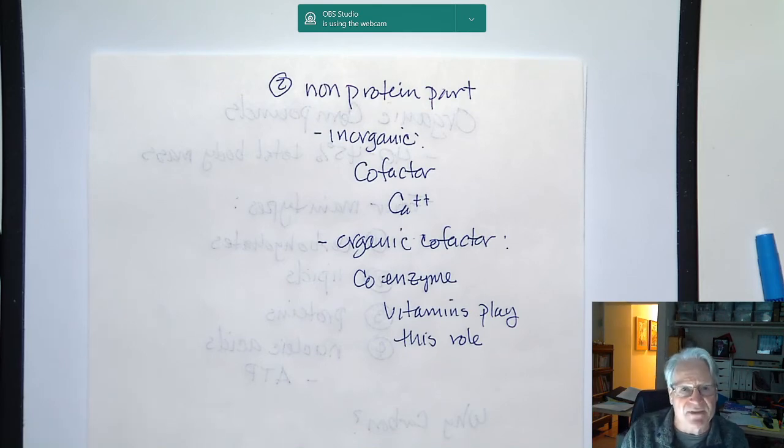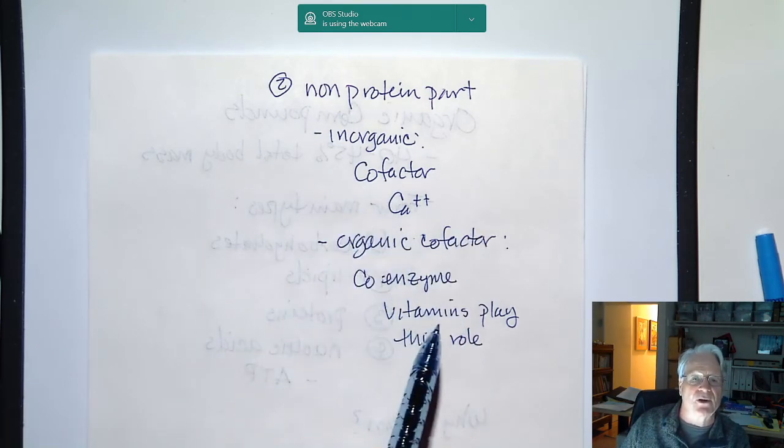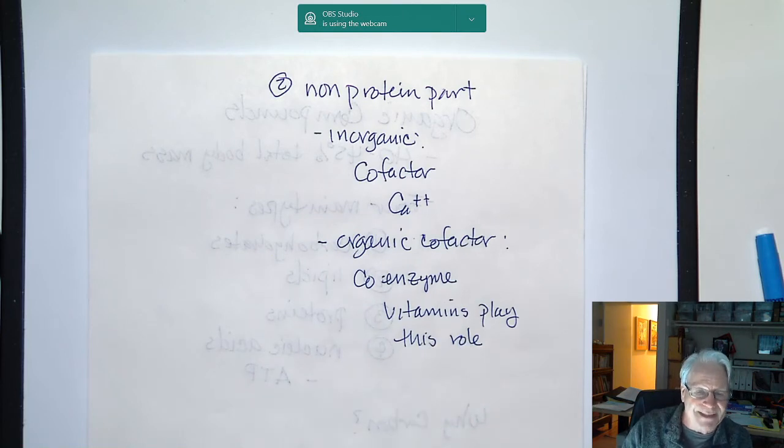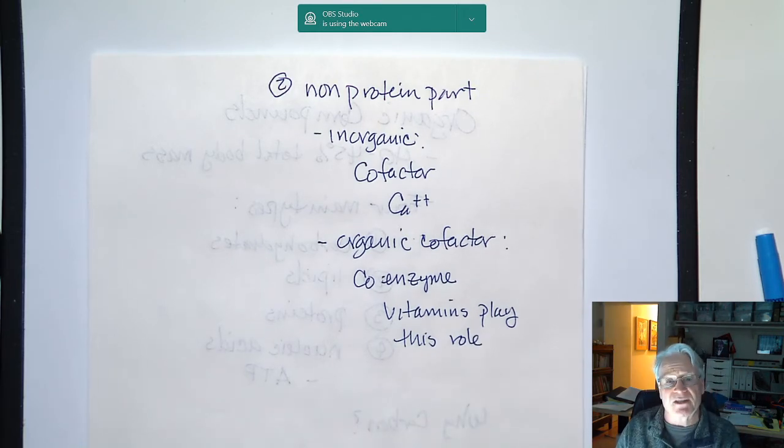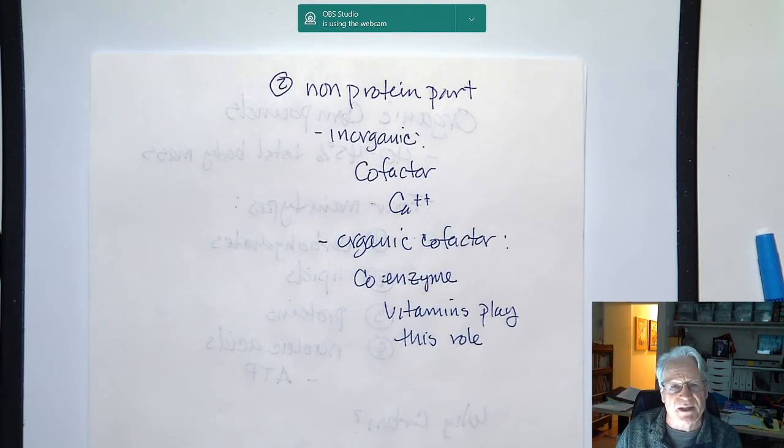You have to have this either cofactor or coenzyme present and bonded to the enzyme before it works. Without it, it's not going to work. That is why vitamins play such a vital role in your health, because if you don't have the vitamins, many of the enzymes that you are composed of will be non-functional. You'll build them, you'll have the protein part, but you won't have the coenzyme, and they won't function.